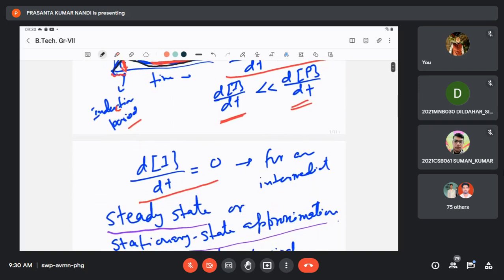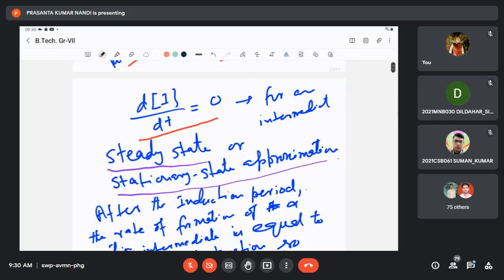So what we can say is that d[I]/dt equals 0 for an intermediate species. Can we write it like this? This we call the steady state or stationary state approximation.